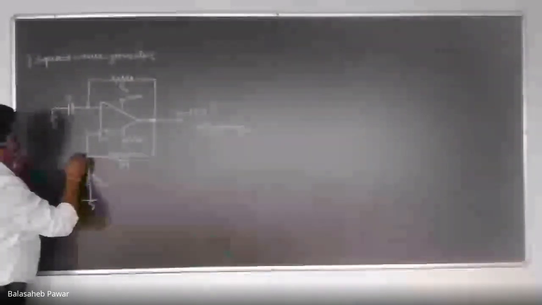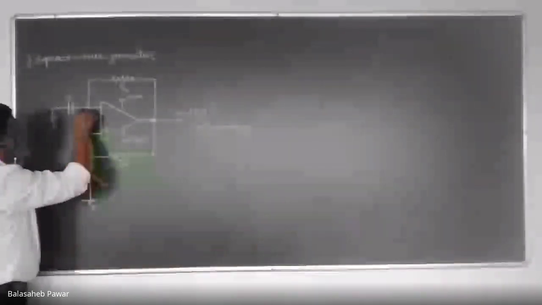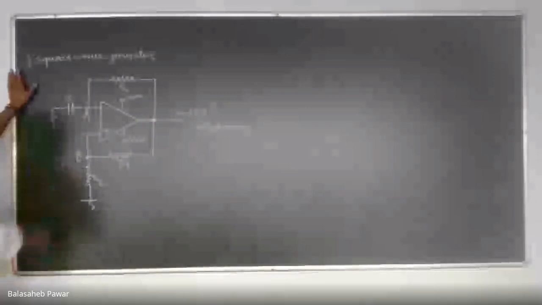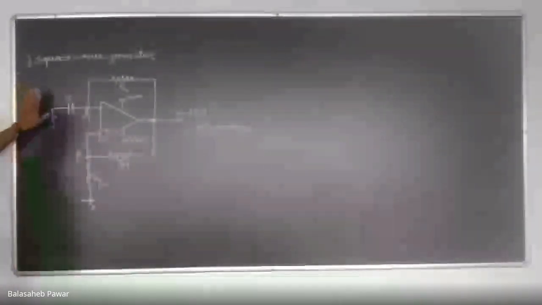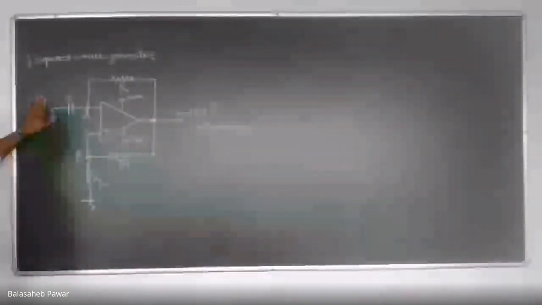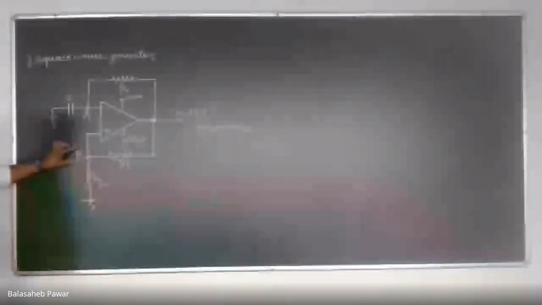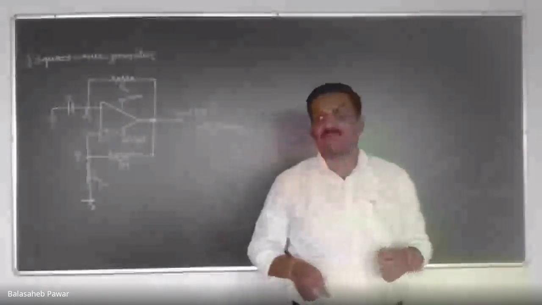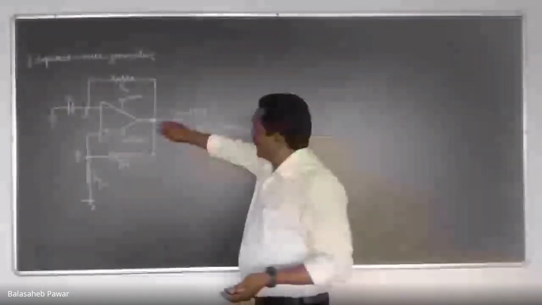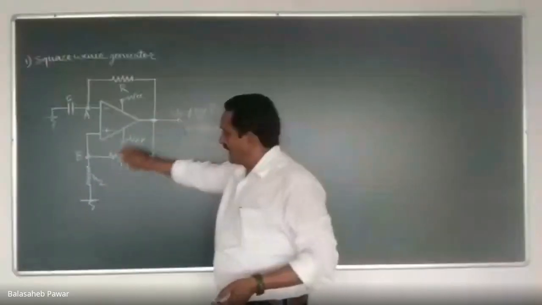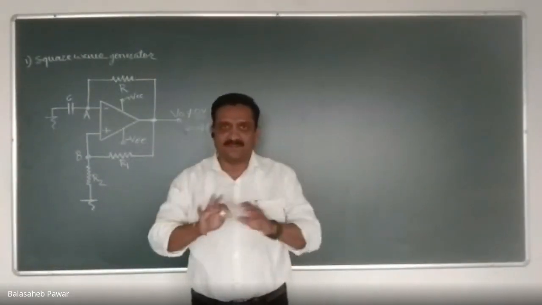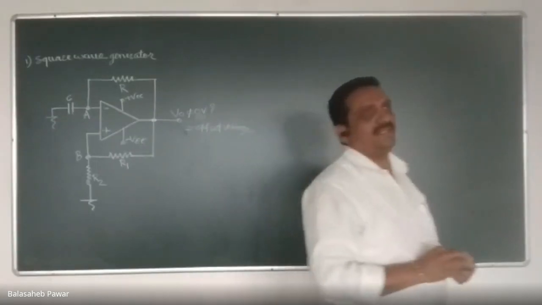I will call this one node B, this one node A. During starting of this circuitry, whenever I turn on, there will be somewhat non-zero node B voltage. That will be equal to the output offset into R2 divided by R1 plus R2. Simple voltage divider rule.